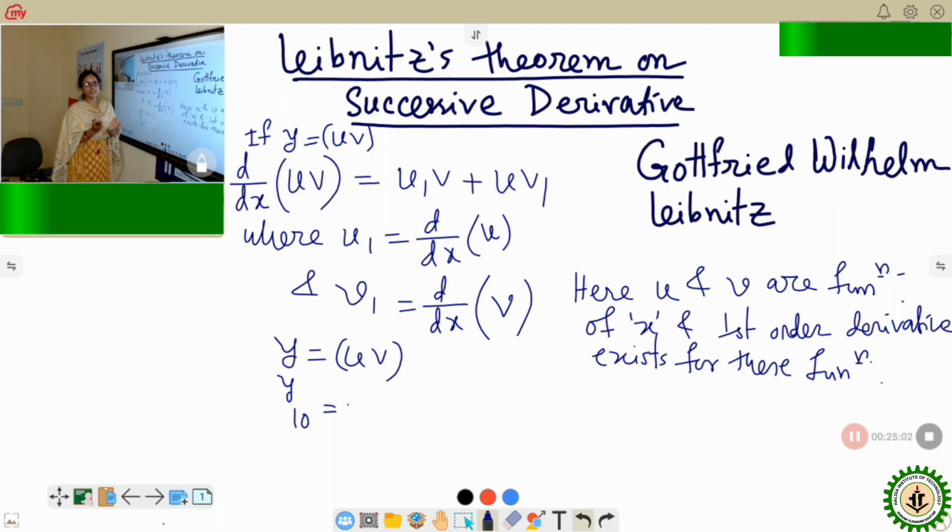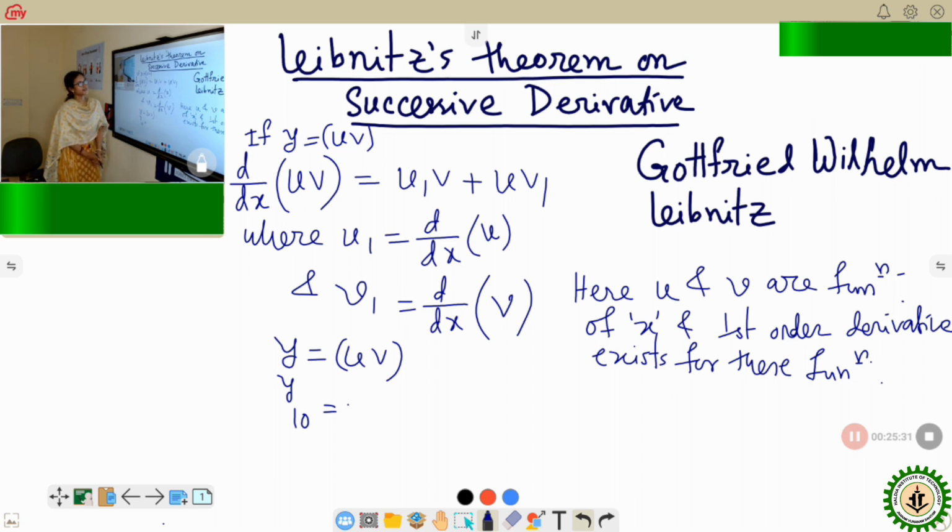First of all, it generalizes the product rule of differentiation. That means, if two functions are differentiable, then their product is also differentiable. So primarily, we apply Leibniz theorem to calculate the nth order derivative of the product of two differentiable functions.